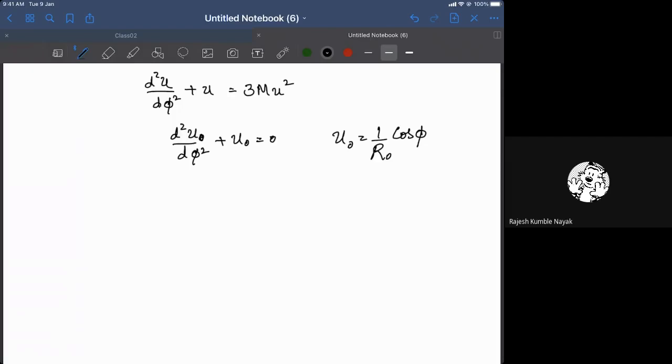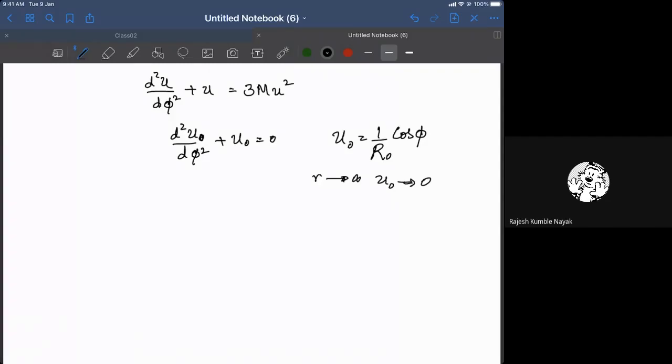It depends on how you want to define the constant. The r naught is what we call the closest distance of approach. When r goes to infinity, or u naught goes to 0, then you have a solution as r naught.